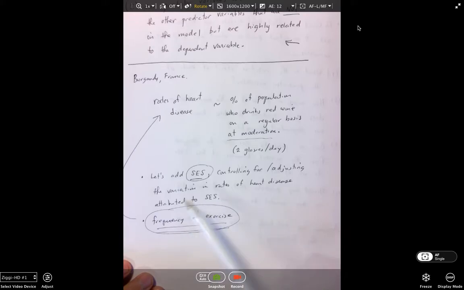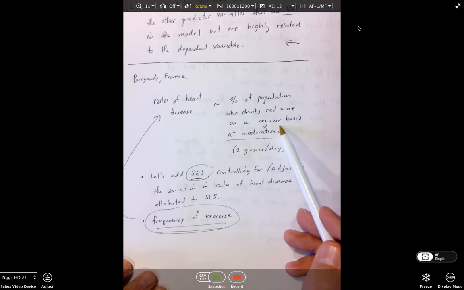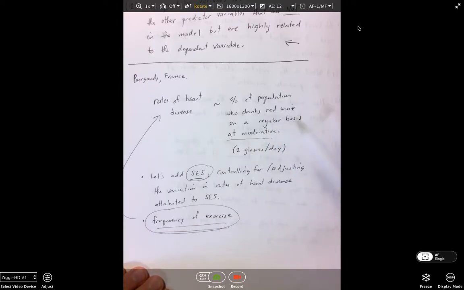So what happened is you had frequency of exercise, which was highly correlated to socioeconomic status, and socioeconomic status was actually highly related to the percentage of people drinking red wine. So at the end of the day, in the initial study, it really wasn't the drinking of the red wine or the socioeconomic status. It was the frequency of exercise that was highly related to these two things.